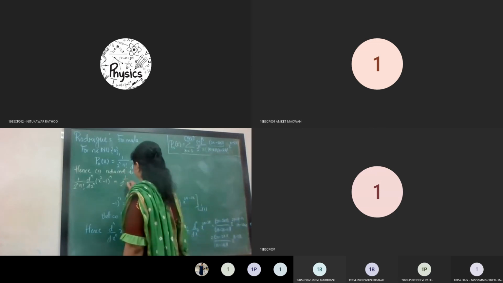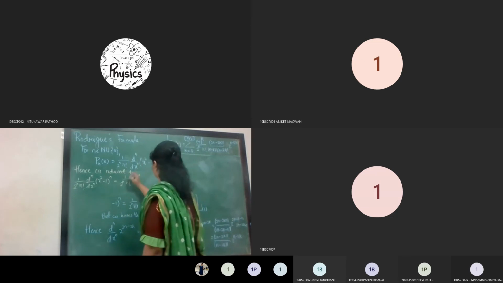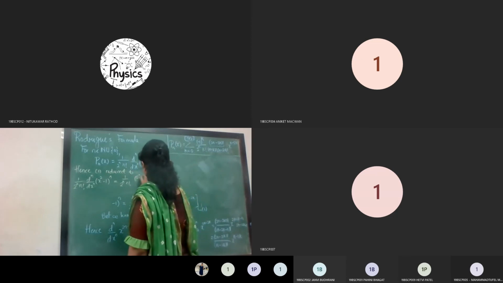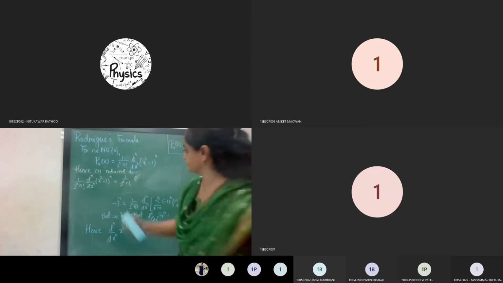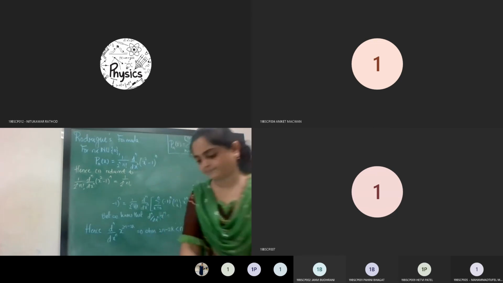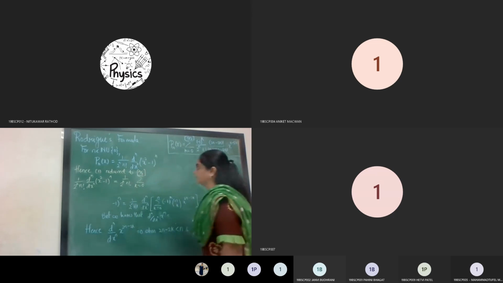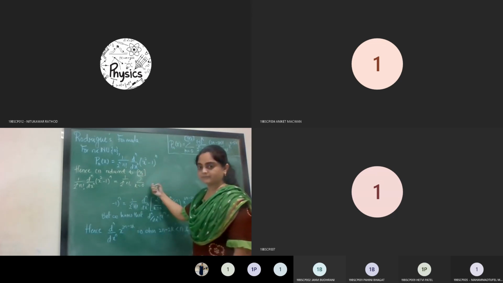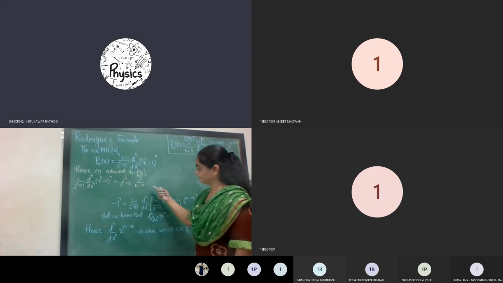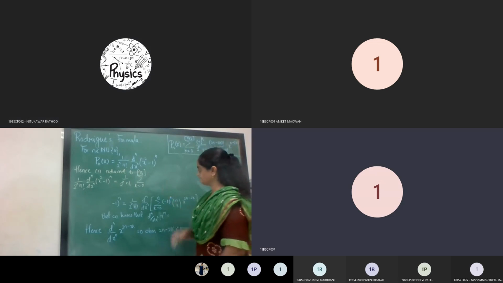So 1 upon 2 raised to n factorial, I will write over here, summation k is equal to 0 to n by 2. The green chalk is visible to all of you well?